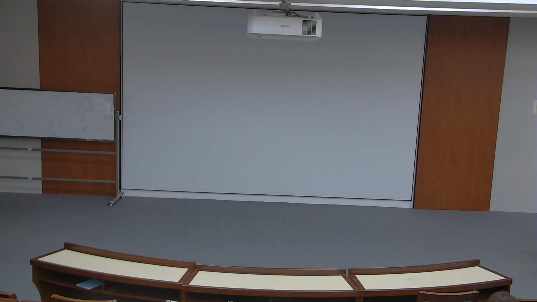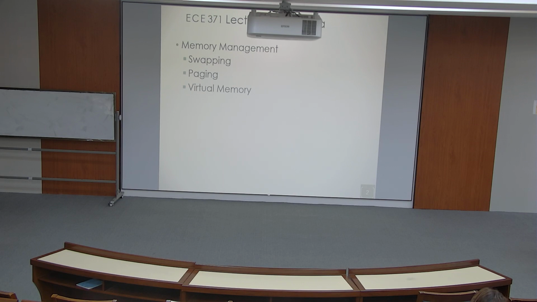All right, so we're going to finish up the memory management technique lecture that we started the last class. We talked about the swapping, which is a memory management technique which temporarily moves the entire process between the random access memory and the disk to free the memory.